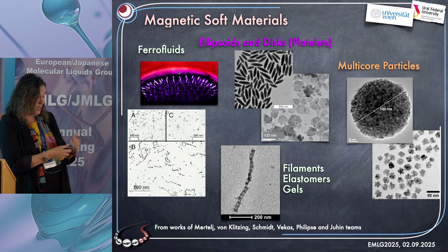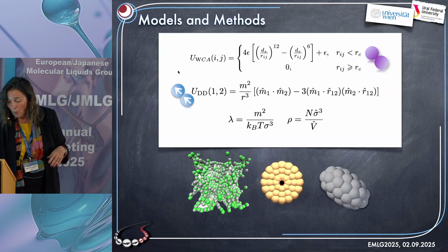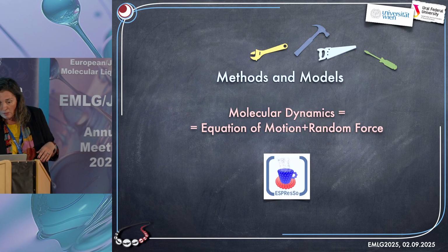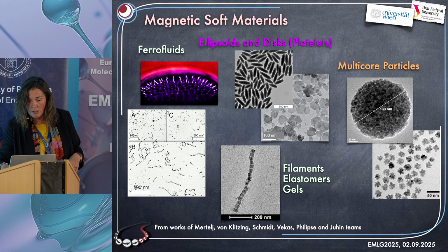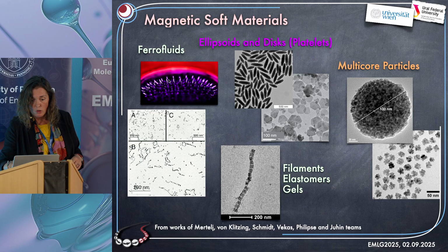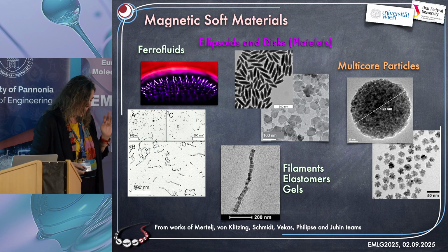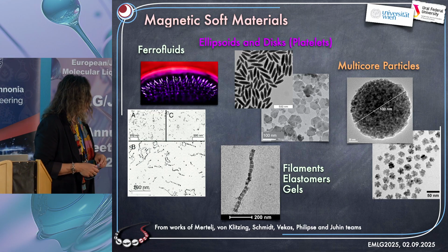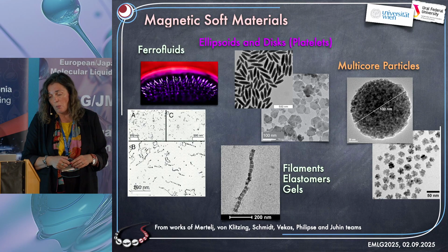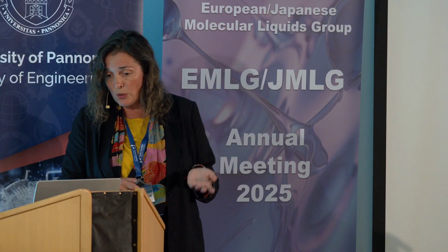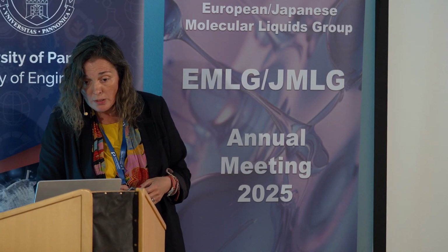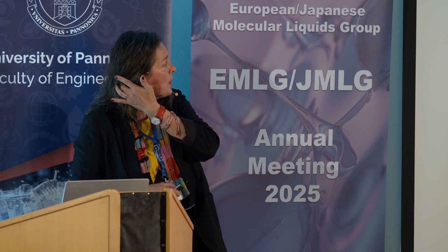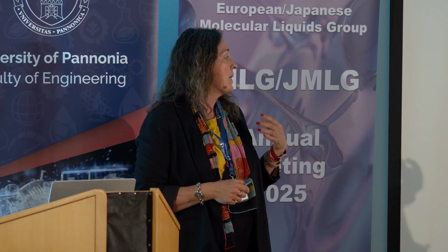That's what got the name Rosensweig instability, that hedgehog. That was 1964. Since then, synthesis went up, and so did the applications of those magnetic nanoparticles suspended in liquid carriers.